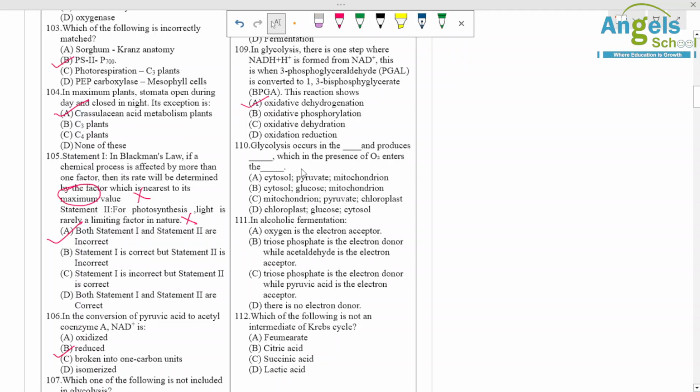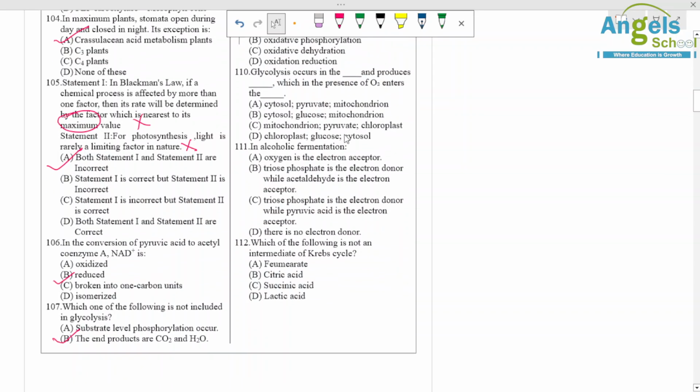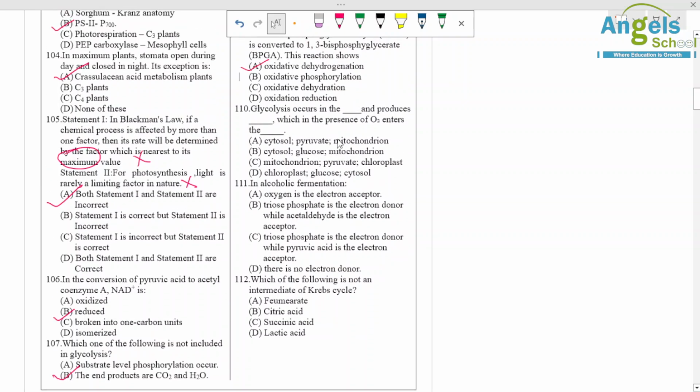Glycolysis, question number 110. Glycolysis occurs in the dash and produces dash, which in the presence of oxygen enters the dash. Glycolysis occurs in the cytosol.